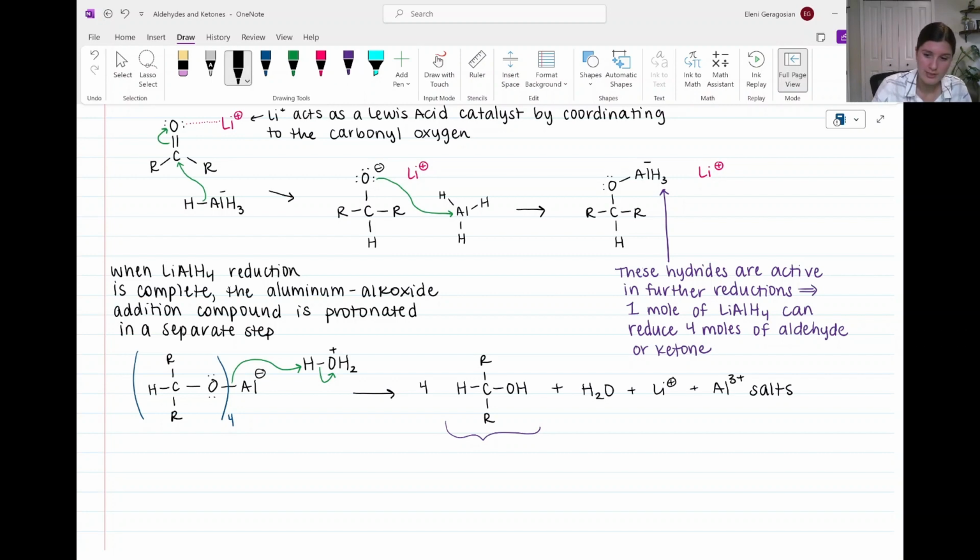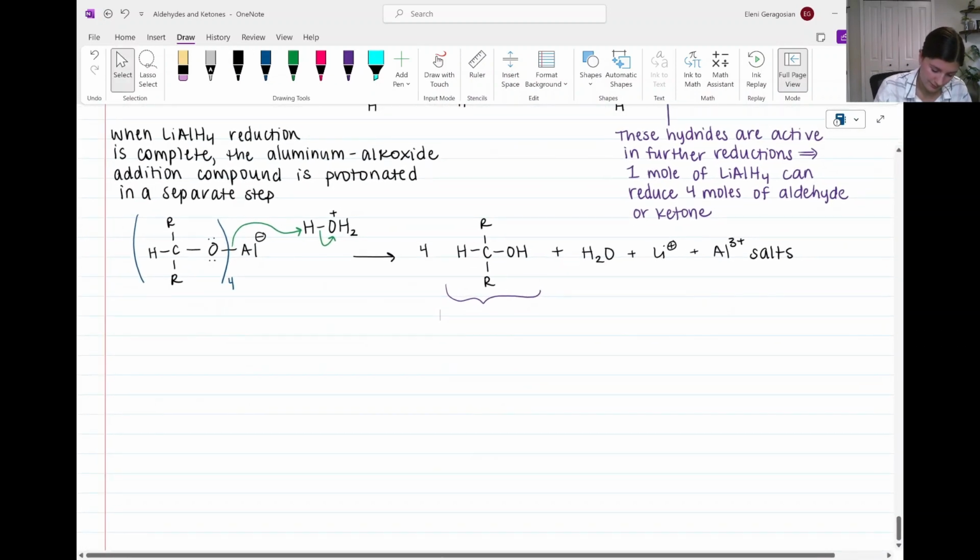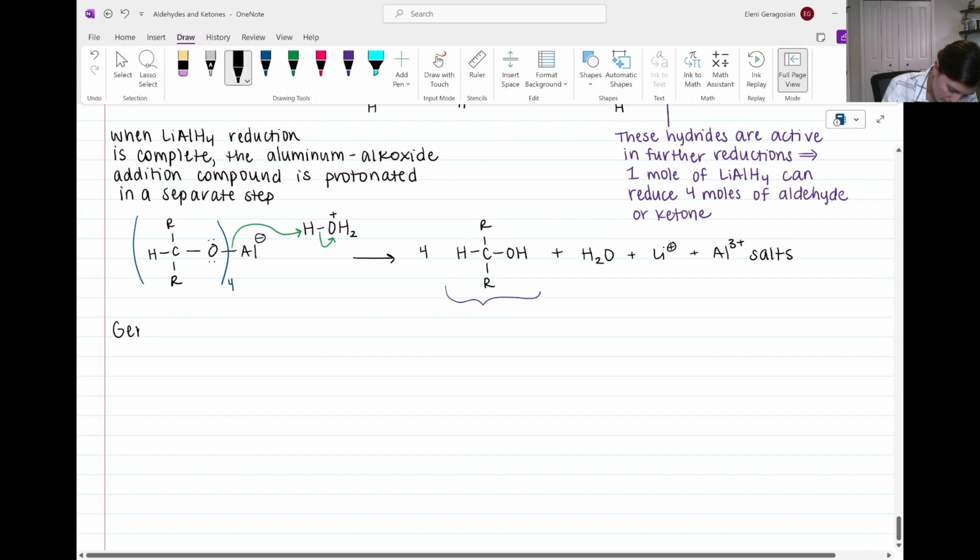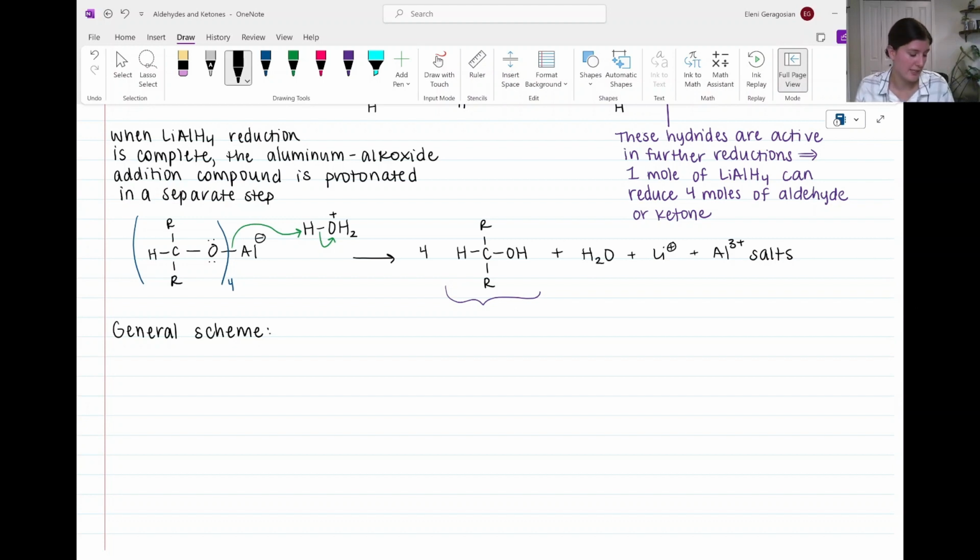So the general scheme for this reaction, just to summarize what we did in that mechanism, we start with an aldehyde or ketone. We add lithium aluminum hydride with an aprotic solvent.